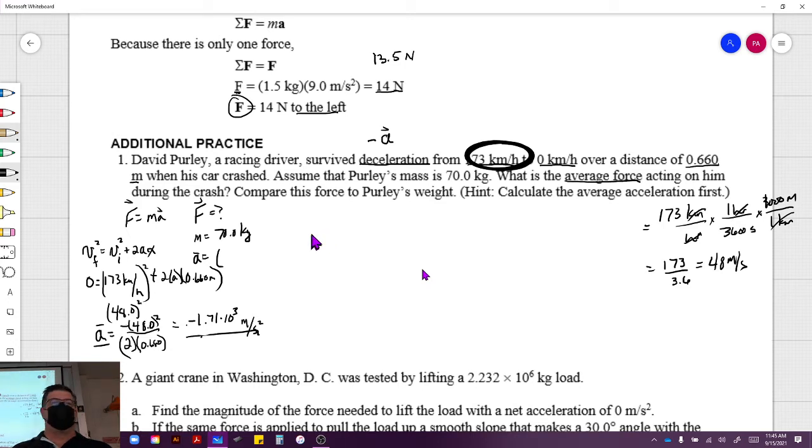So what's our average force? Well, our force equals mass times acceleration. Our average force equals our mass times our average acceleration. So our force is going to equal 70.0 kilograms times a negative 1.71 times 10 to the third meters per second squared.